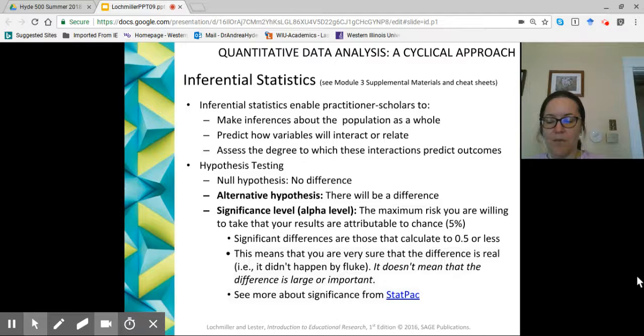So if we're going to try to be guessing on a need by studying some past trends. And then hypothesis testing is usually what you're all about when you're analyzing your quantitative data.